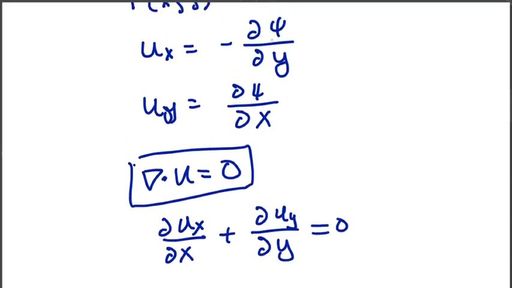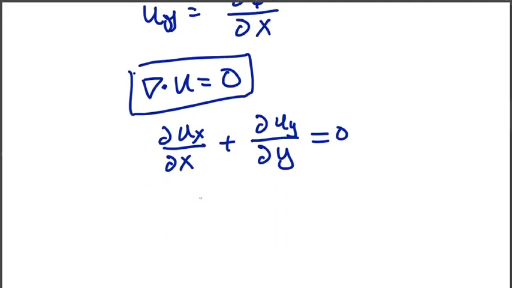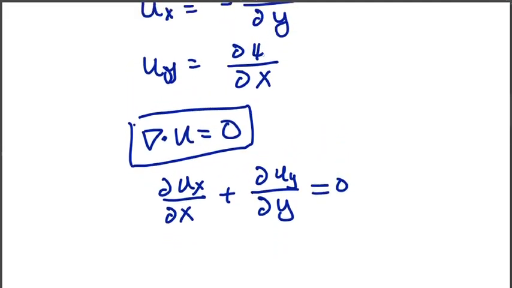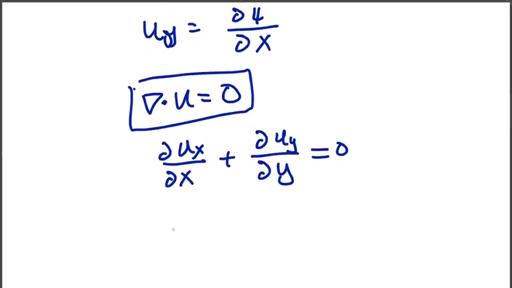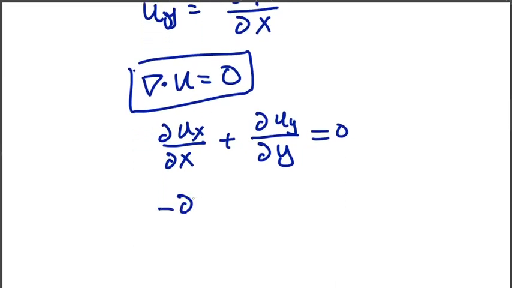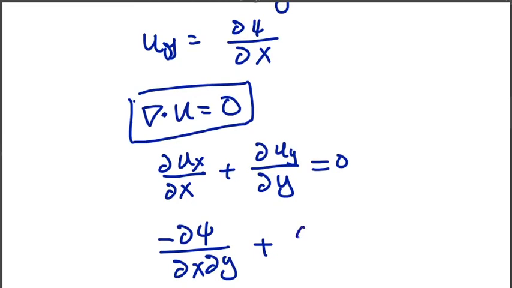And as we see for our representation in terms of psi here, that becomes the first one. We get a minus d psi dx dy, and then we get a plus d psi dy dx, and those are the same.